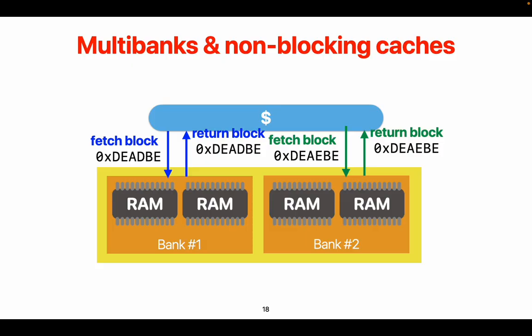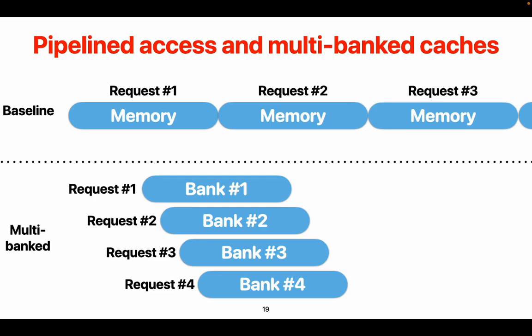So what it would help is to reduce the miss penalty or the access time if you put it on L1. But it doesn't help to improve the miss rate at all. If there is a miss, it still has to be a miss. I still have to find it in the lower level memory hierarchy. So what is a multi-banked cache?